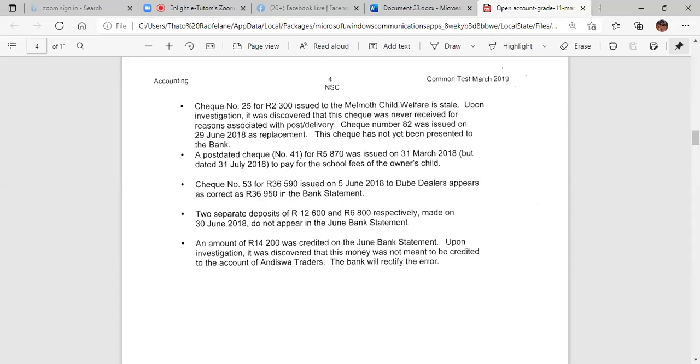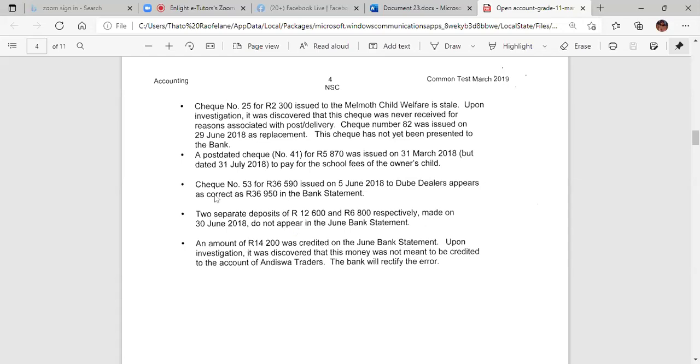And remember, we do prepare bank reconciliations because we want to correct errors. So let's correct this error. We are going to say 36,950 minus 36,590, which gives 360. Did anybody else get 360? And then the 360 is minused.